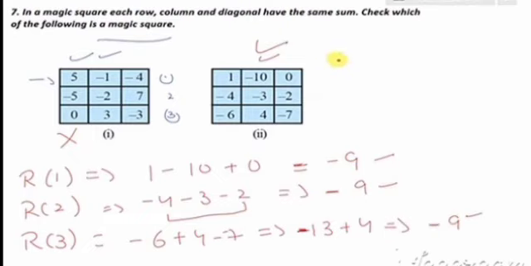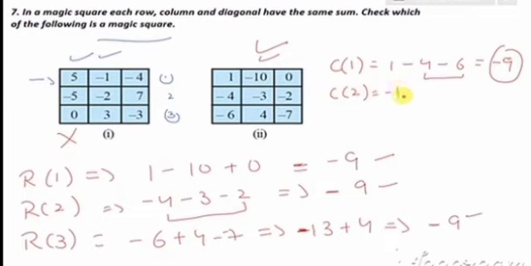Now we will check it for column 1. Column 1 is 1, minus 4, minus 6. So 1 plus minus 4, that will be minus 3, plus minus 6, that will be equal to minus 9. Now for the second column. Second column is minus 10, minus 3, 4.